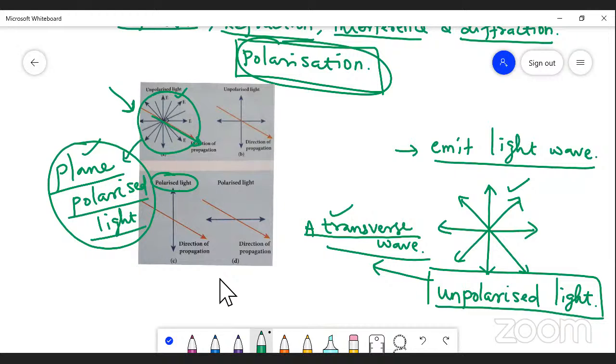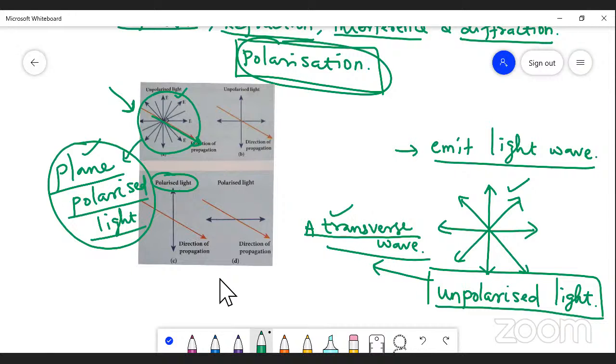But a plane polarized light is asymmetrical about a ray direction. அதாவது ஒரு plane polarized light ரே டைரக்ஷனை பொறுத்து சமச்சீரா இருக்காது, ஈக்குவலா டிவைட் ஆகாது. So these are some differences between unpolarized light and plane polarized light.